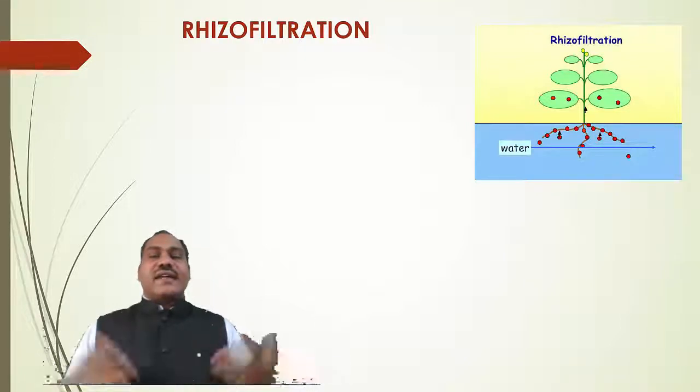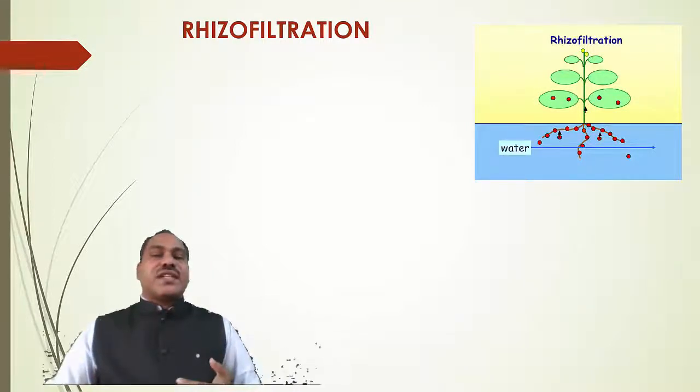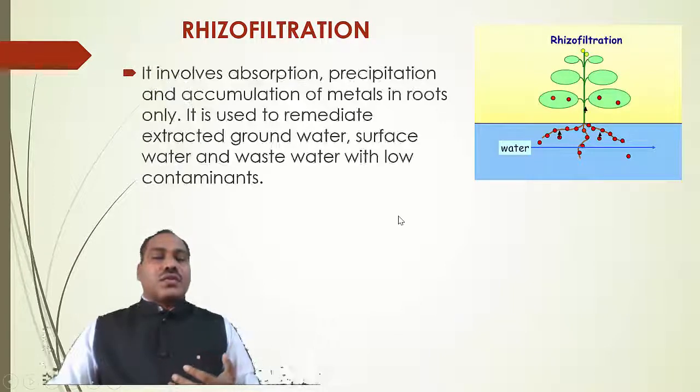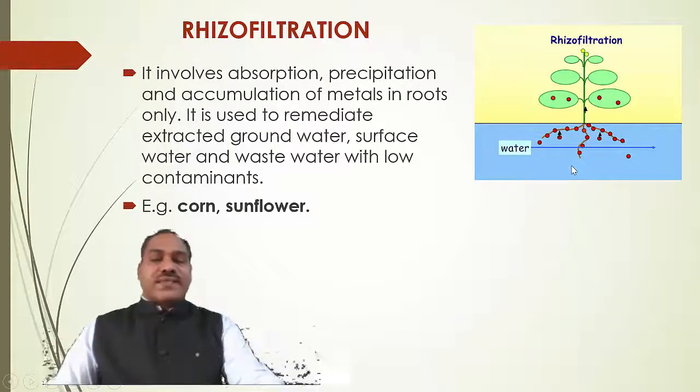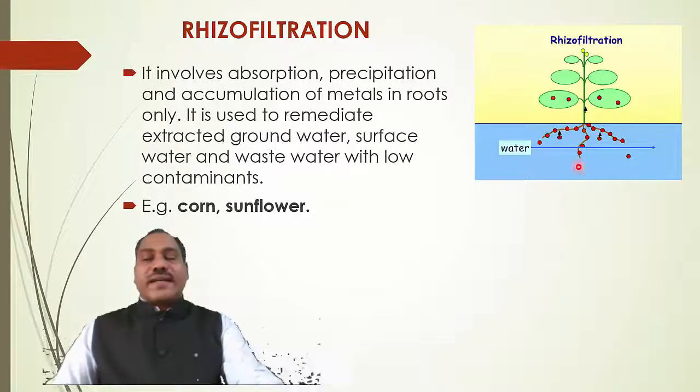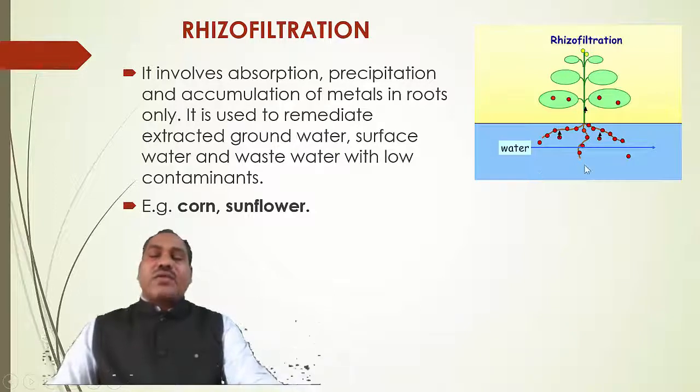The second one is rhizofiltration. In this process, the root system plays an important role. The pollutants from the soil and water are absorbed by the roots, and when absorbed, a very small amount of pollutant enters the upper part, but most of the contaminants are adsorbed on the root surface, which decreases the amount of pollutant in the water and soil sample.